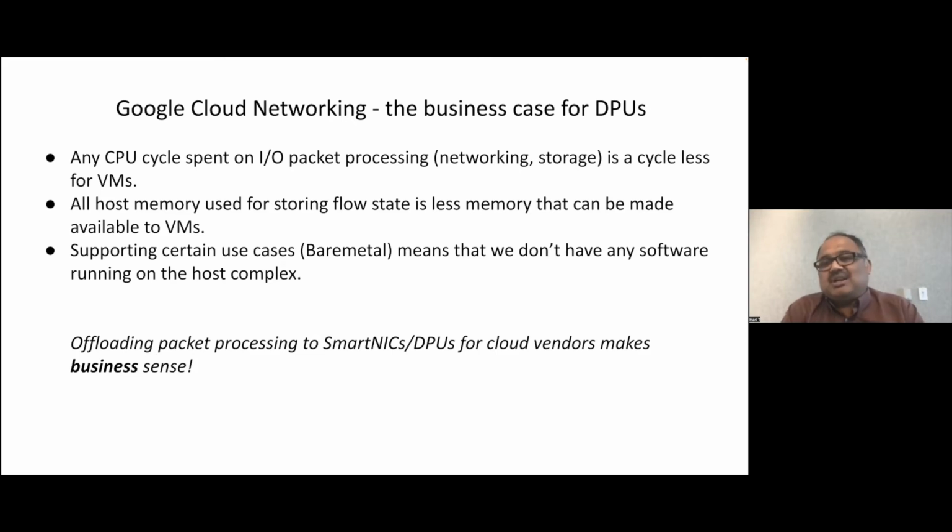And this third element now becomes what we call the DPU, the data processing unit. So there's not only an economic argument for DPUs. It's also a necessary component in our network processing stack.